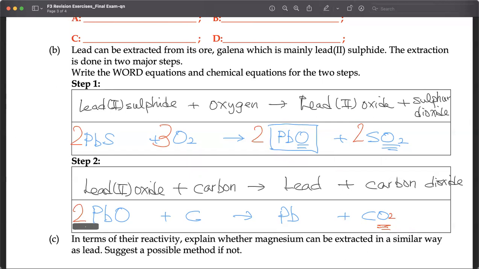As we have 2 PbO, that means 2 lead will be given out. The carbon on the left and carbon on the right are already the same. As a result, we don't need to add anything. So step 2 is 2PbO plus carbon C, it will become 2Pb and then CO2.